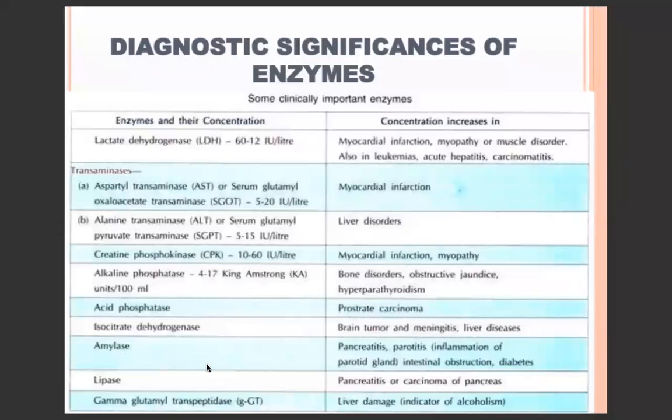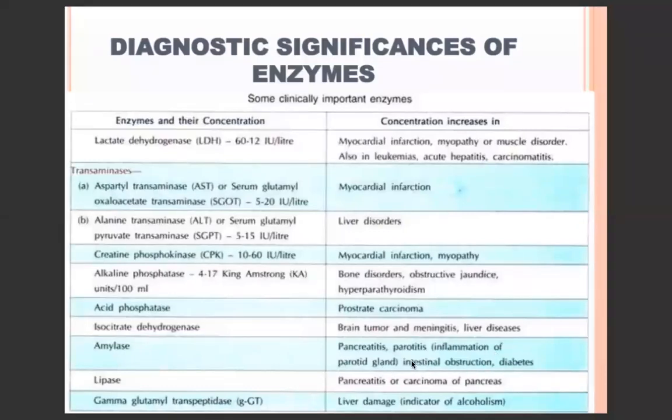Amylase is secreted by our salivary glands like the parotid gland, so it is increased in parotitis, inflammation of the parotid gland. Also amylase is secreted from the pancreas, so it is also increased in inflammation of the pancreas.